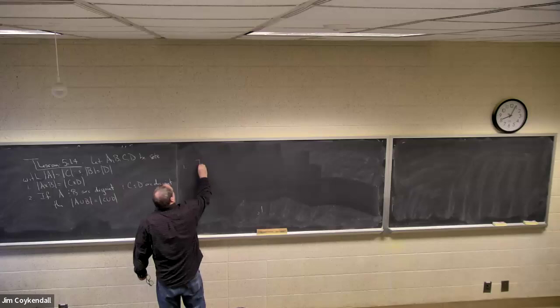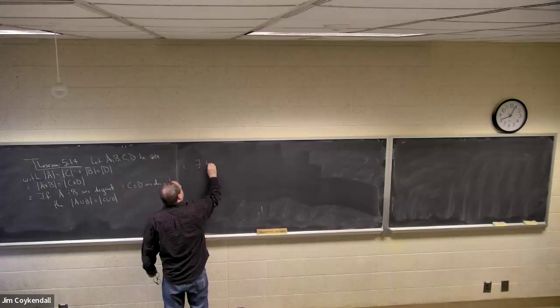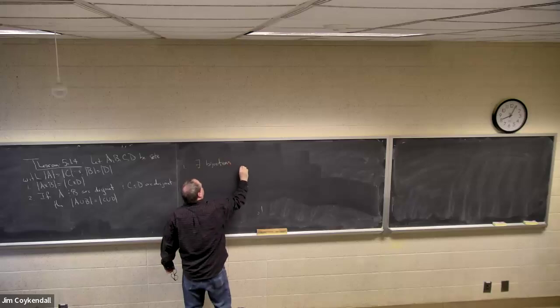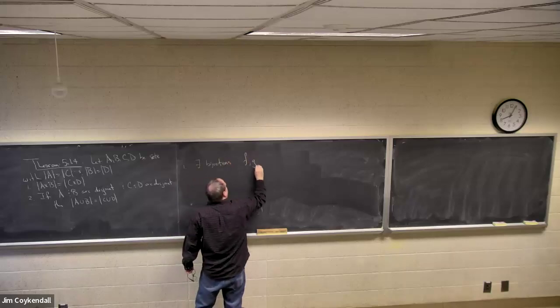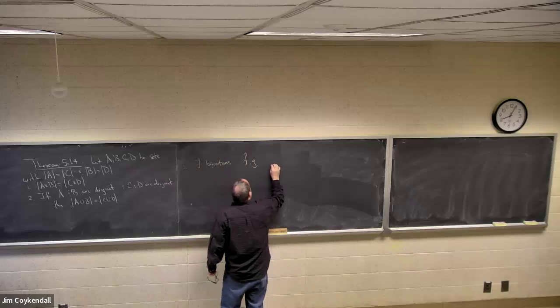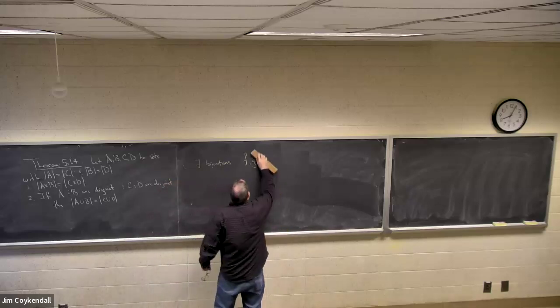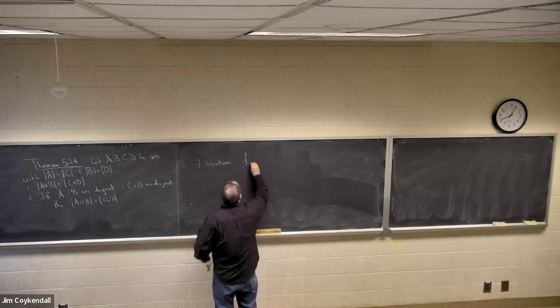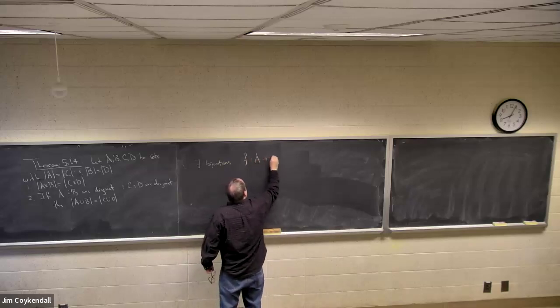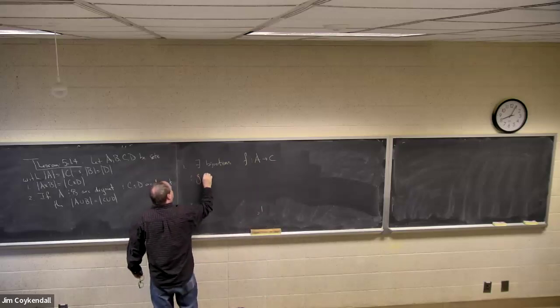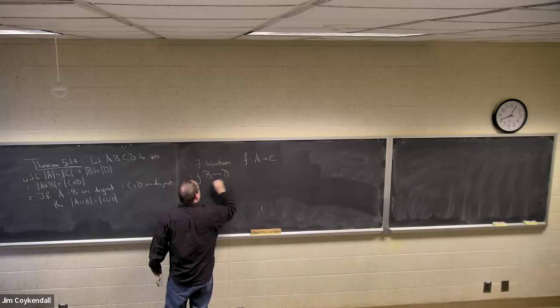So there exist bijections. I'll call them F and G. There exist bijections F from A to C and G from B to D.